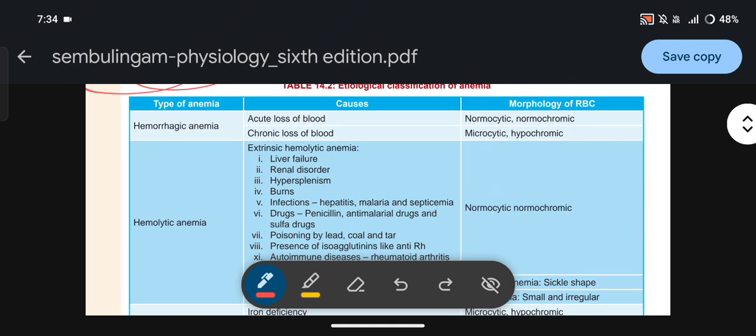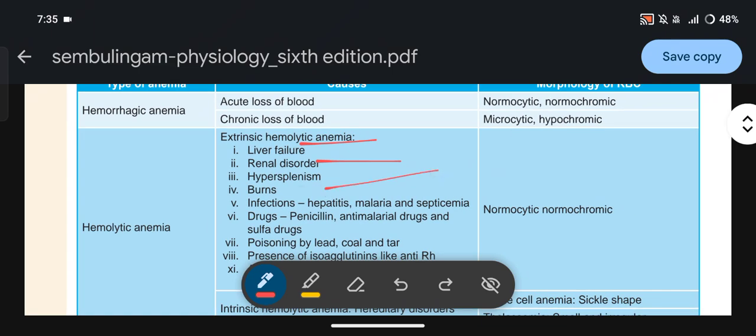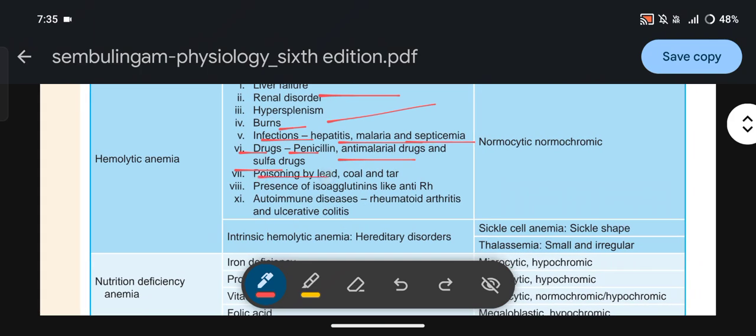In extrinsic hemolytic anemia, you can also find it in liver failure, renal disorder, hypersplenism, then burns, then infection like hepatitis, malaria, and septicemia, then drugs like penicillin, antimalarial drugs, and sulfur drugs, then poisoning by lead, coal, and tar, then presence of isoagglutinins like anti-RH, and then autoimmune diseases like rheumatoid arthritis and ulcerative colitis.